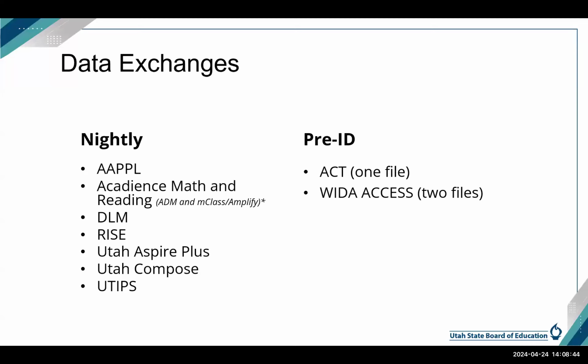We did run into a situation last week where we realized that Utah Aspire Plus was pulling data very early, 8 p.m. our time, and we ran into a problem. But since then, they now pull their data around 2 a.m. They've adjusted their time to pull data so that we don't run into trouble.